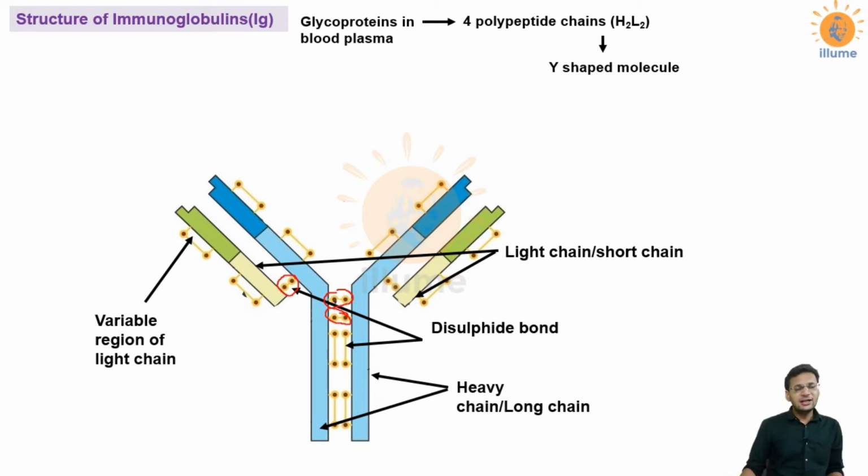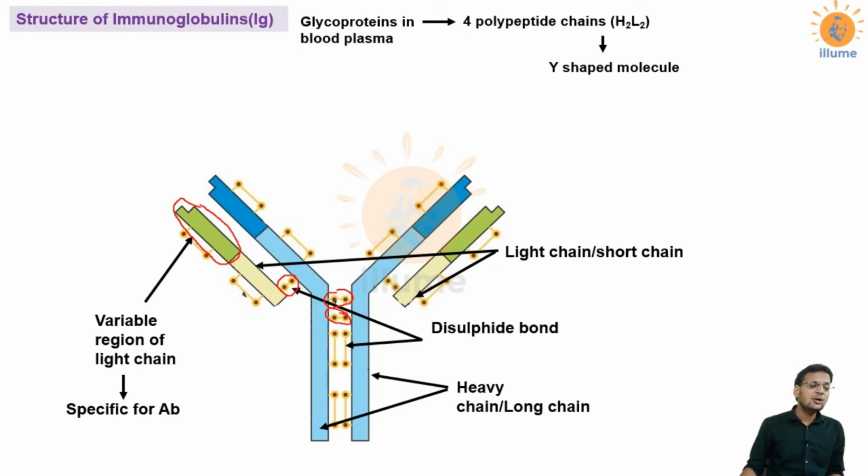Now, on a light chain, as you can see, I have demarcated the area. One in the dark green is called the variable region, and one in the lighter green is called the constant region. This variable region of the light chain is responsible for the specificity of the antibody. The amino acid sequence, because it is a polypeptide, would be made up of amino acids.